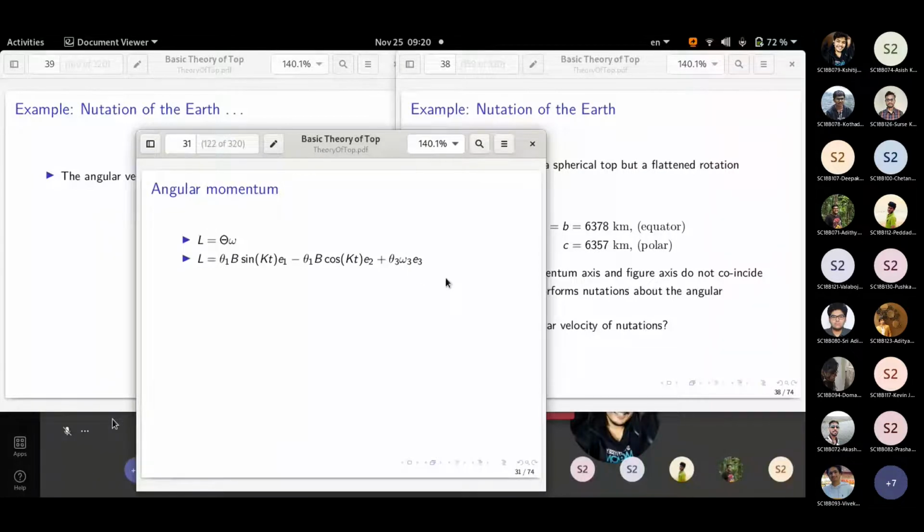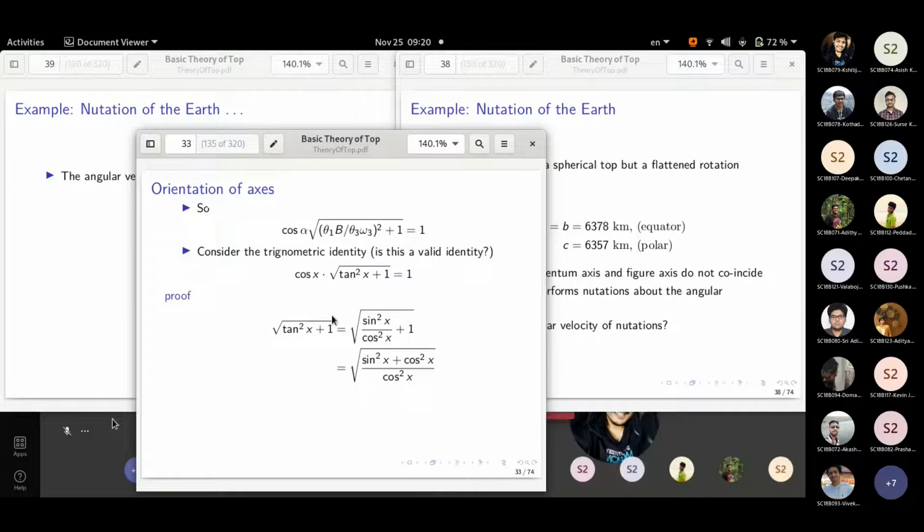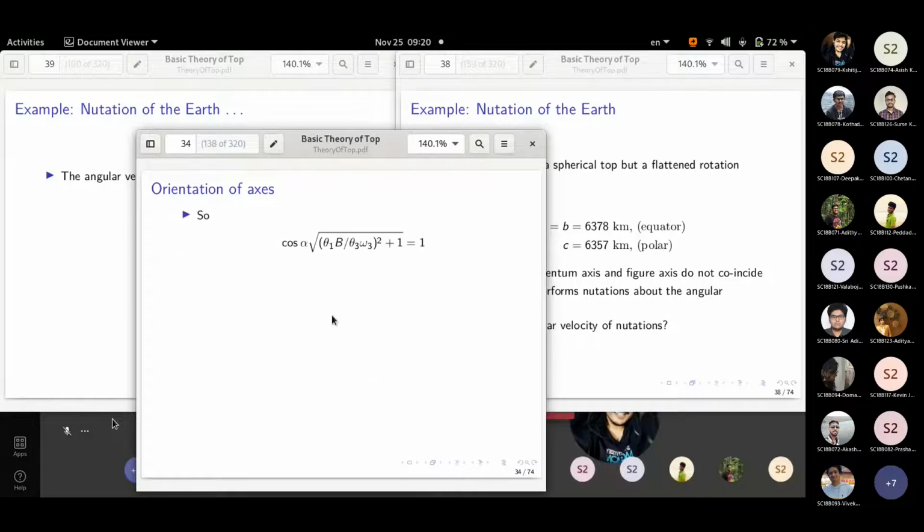We had already noticed it in a specific example. So in that specific case, we are trying to find out how L is moving around this E3 axis. That is given by the frequency k. So let us look at the corresponding image for that. I think the image is before this.